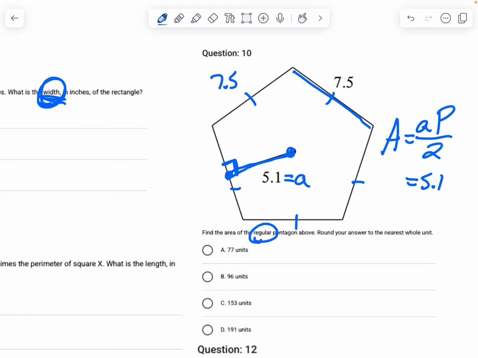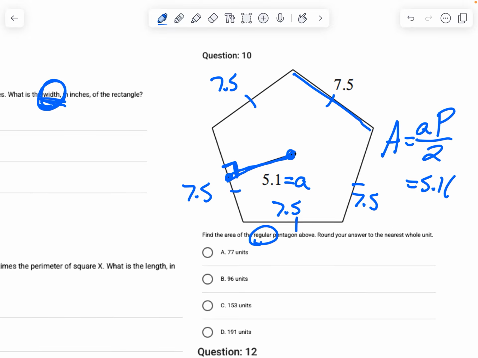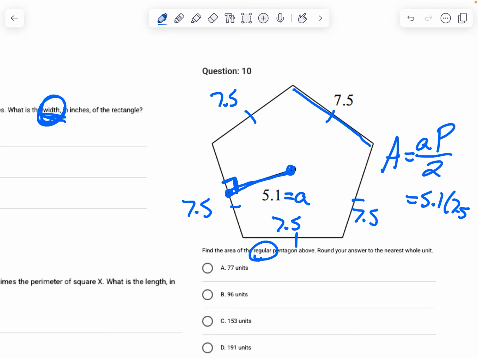So what you could do is say 7.5 plus 7.5 plus 7.5 plus 7.5 plus 7.5, but we could also say 7.5 times 5 divided by 2. There you go. So if we plug this exactly into the calculator, 5.1, the apothem, times 7.5 times 5 to get our perimeter, divided by 2, we should get 996 units.